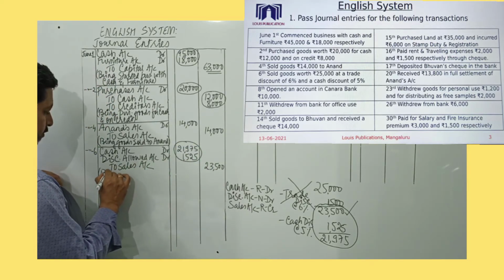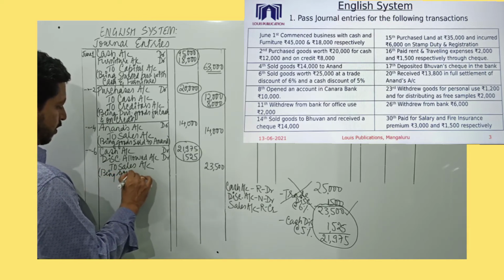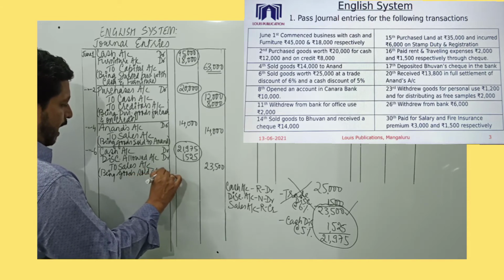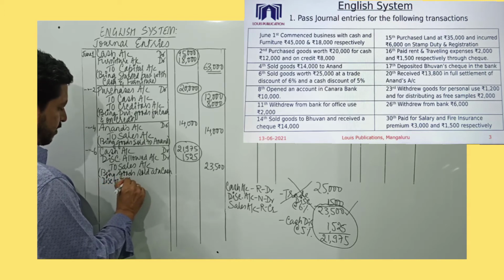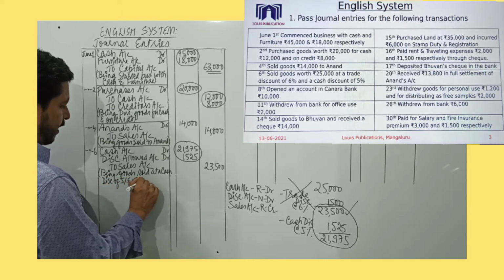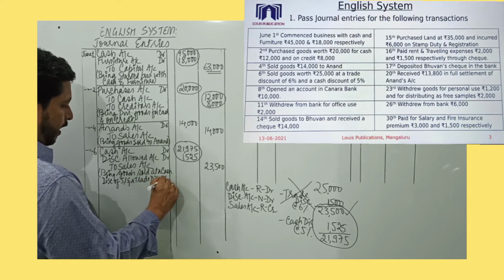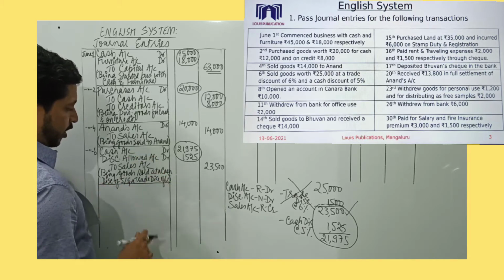And the narration will be being goods sold at a cash discount of 5% and a trade discount of 6%. This would be the narration.